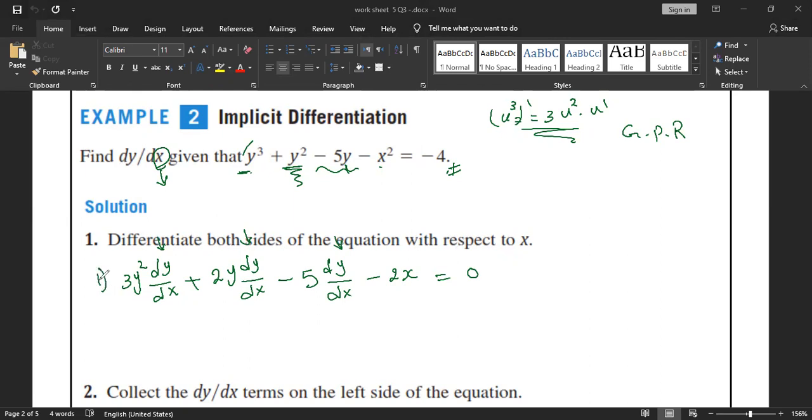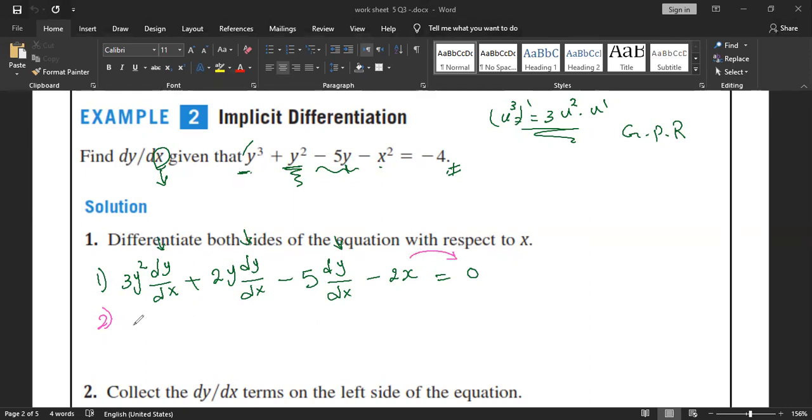That is the first step. Second step, I write in a different color. Look here. I have to keep all of the terms of dy by dx on the left-hand side, and the other term goes to the other side with the opposite sign.